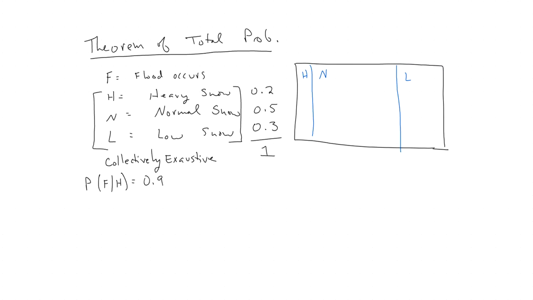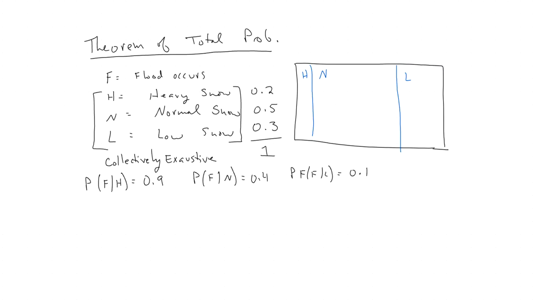The probability of a flood given normal snow, and this can just be based on the record. You look at the snow record, the stream record, the runoff record. That's 40%. And the probability of a flood given low snow is pretty low, but still not non-existent. Maybe it runs off really quickly, it heats up.